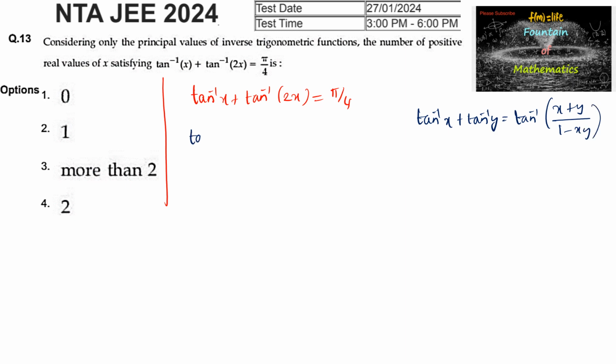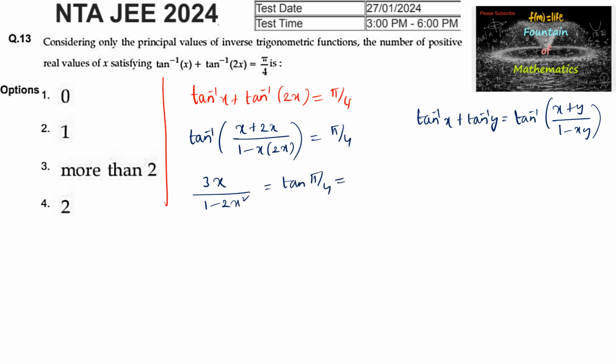So we can write tan inverse of (x plus 2x) upon (1 minus x into 2x) equals pi by 4, or 3x upon (1 minus 2x square) equals tan pi by 4, which is 1. That is 3x upon (1 minus 2x square) equals 1. By cross multiplication we get 3x equals 1 minus 2x square, or 2x square plus 3x minus 1 equals 0.